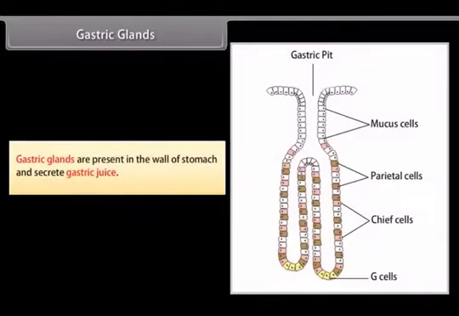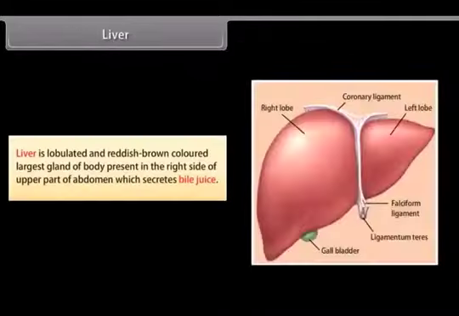Gastric glands. Gastric glands are present in the wall of the stomach and secrete gastric juices. Liver. Liver is a lobulated and reddish-brown colored largest gland of the body, present on the right side of the upper part of the abdomen, which secretes bile juice. Pancreas.